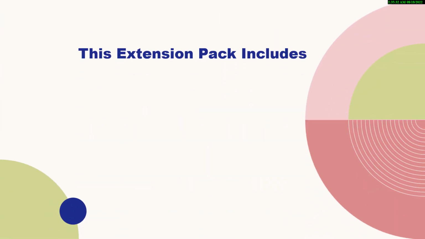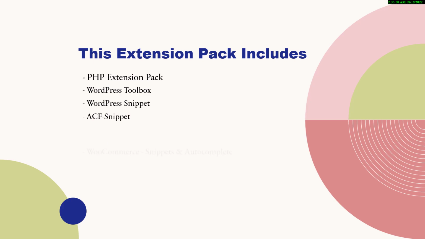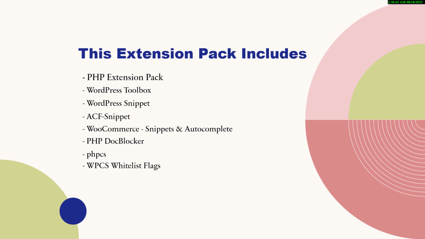This extension pack includes PHP extension pack, WordPress toolbox, WordPress snippet, ACF snippet, that means advanced custom field snippet, WooCommerce snippets and autocomplete, PHP DocBlocker, PHP CS, WPCS whitelist flags, and REST client.